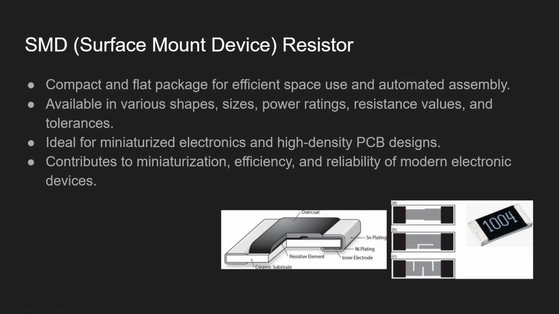Okay, so I will talk about the SMD. SMD is more common on PCB, which have a very small size, so you can put it on your PCB easily. It is very compact, in different shapes and sizes, so you can have different ratings on it.